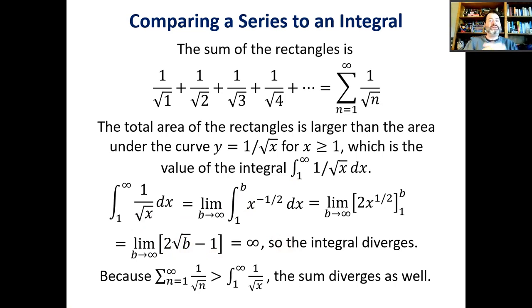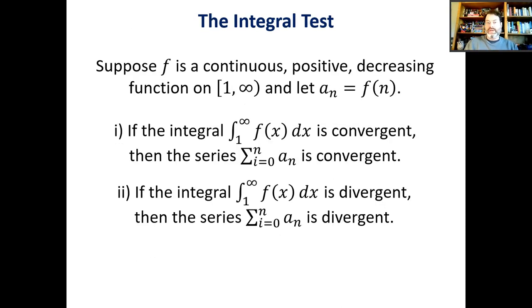So we saw 2 different examples. We saw one where the sum is less than an integral that converges, and one where the sum is bigger than an integral that diverges. It turns out that it doesn't matter if you use a left or right endpoint approximation. The rule is called the integral test.